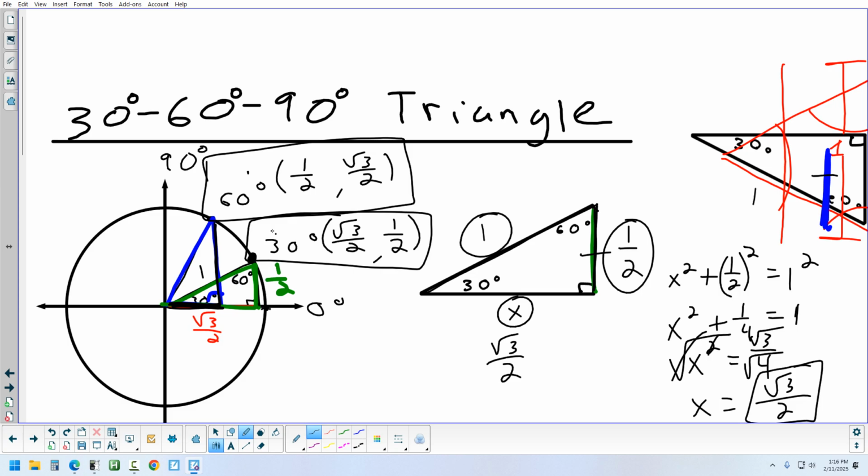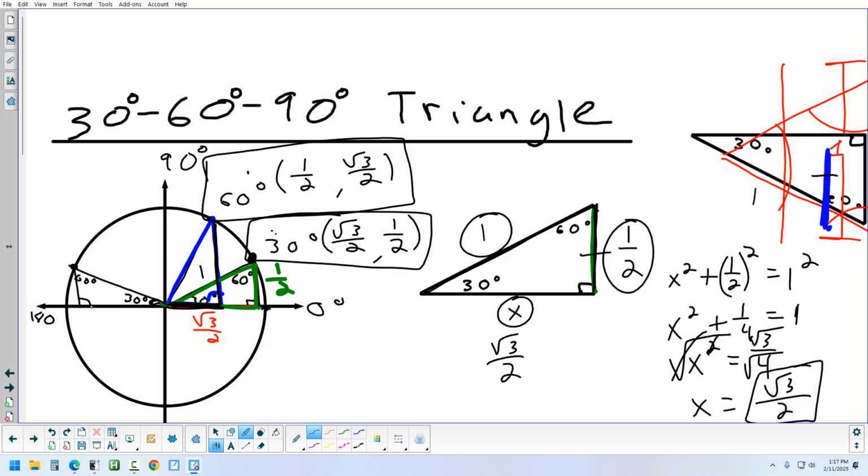All right, so now I want you to think of that green triangle. Imagine you flipped it. Imagine that green triangle is over here. This is 180. How much would this angle be right here? 30. That would be your 30. That would be your 60.